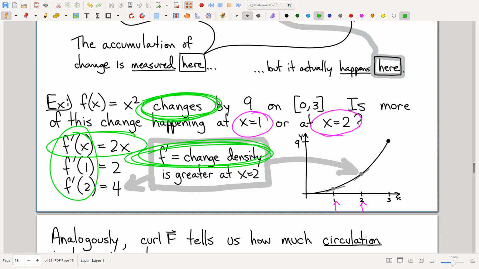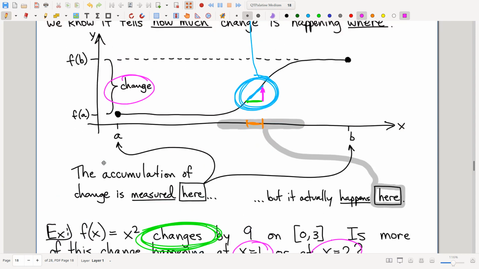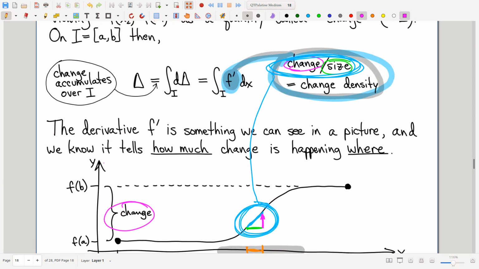You can plug your two different points in question into that formula, and you can literally see which one of these is greater. And apparently the change density is greater here than it is there. More change density means more change is happening near this point, which again tracks with our picture. So this is a nice point of view: the derivative as change density points to where change is happening.